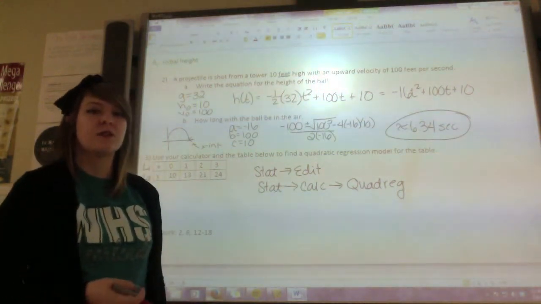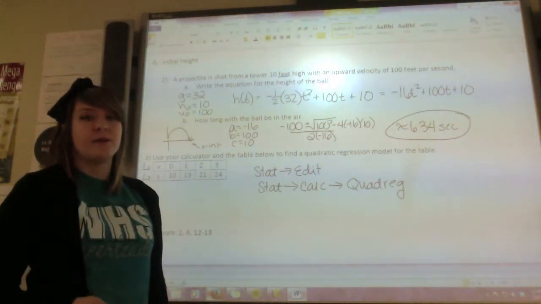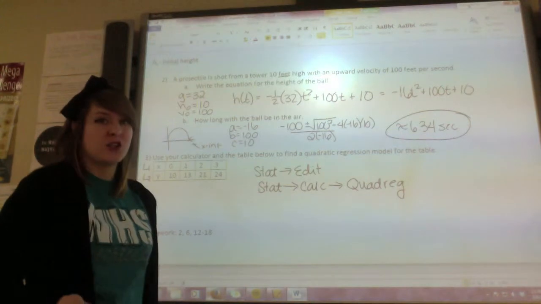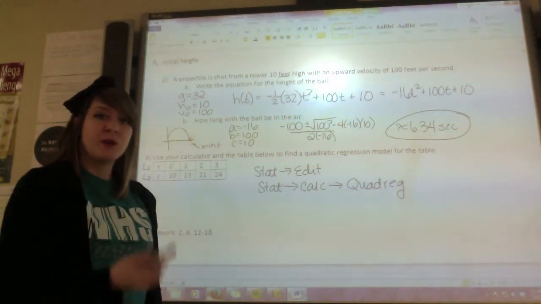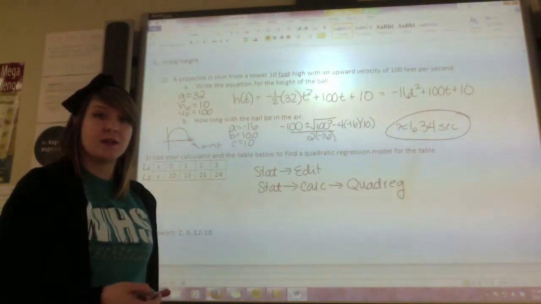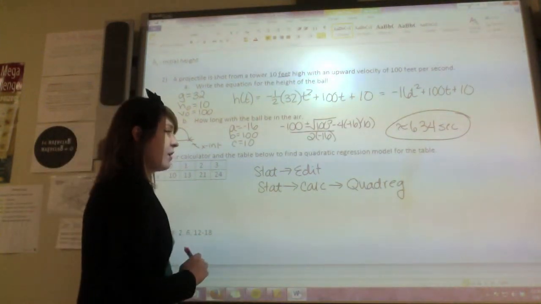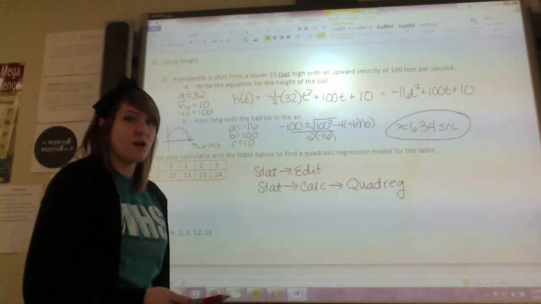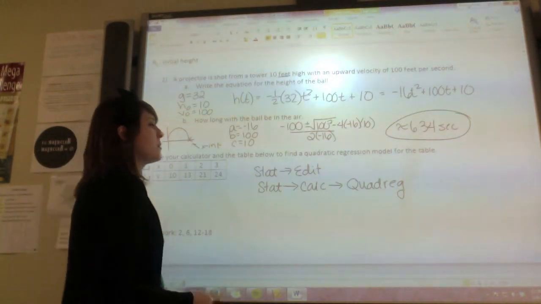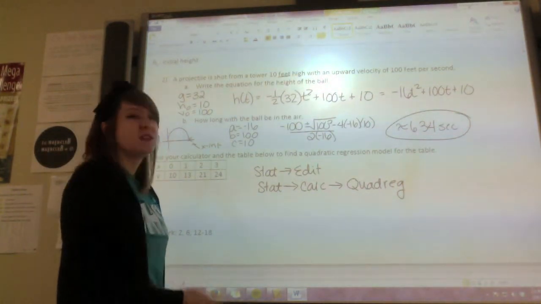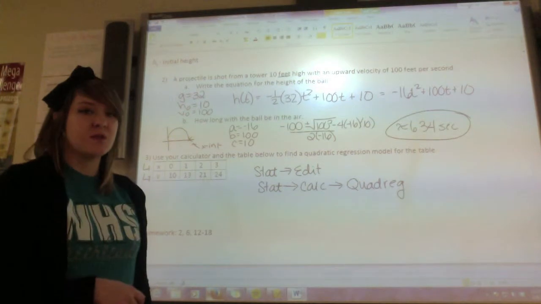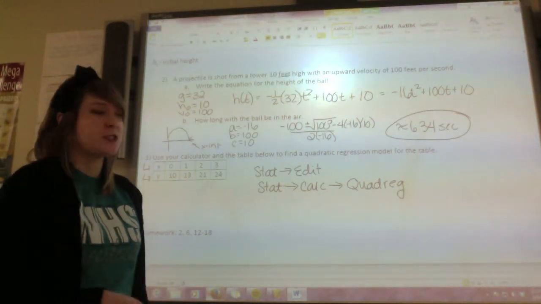So that's going to give you a quadratic formula rather than a linear regression, which is what we're used to. So normally we go in and we press linreg because that stands for linear regression. Now we're going to go in and we're going to press quadreg, and that stands for quadratic regression. And that's going to give you something in the form ax squared plus bx plus c. So you're just going to plug in those a, b, and c values, and then you'll have a function.